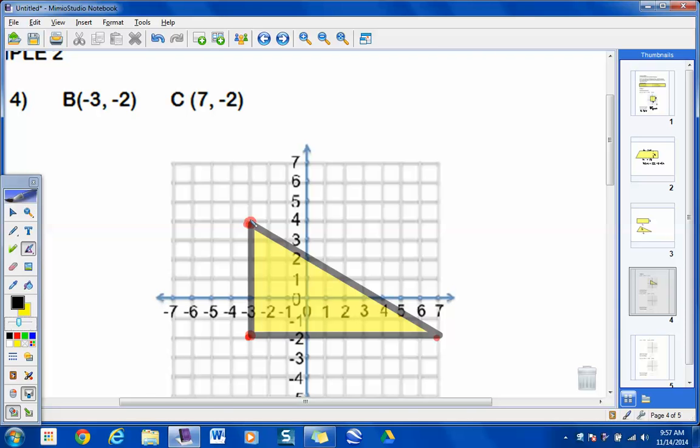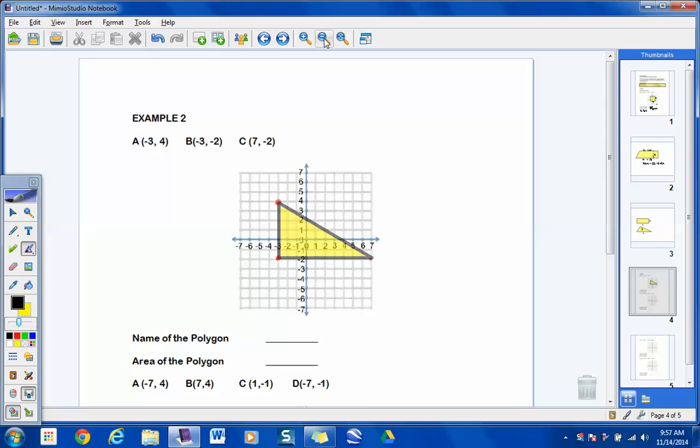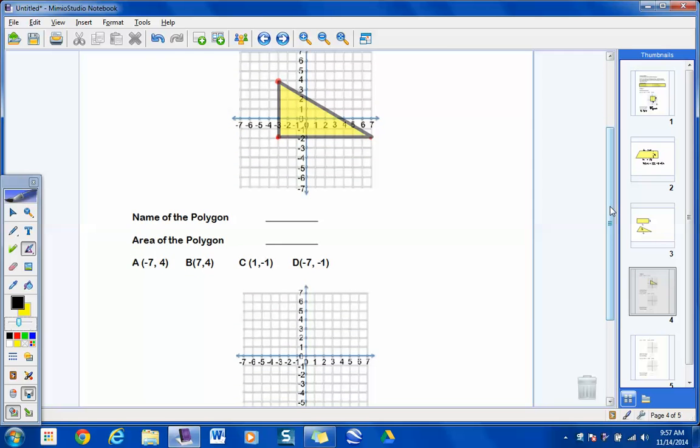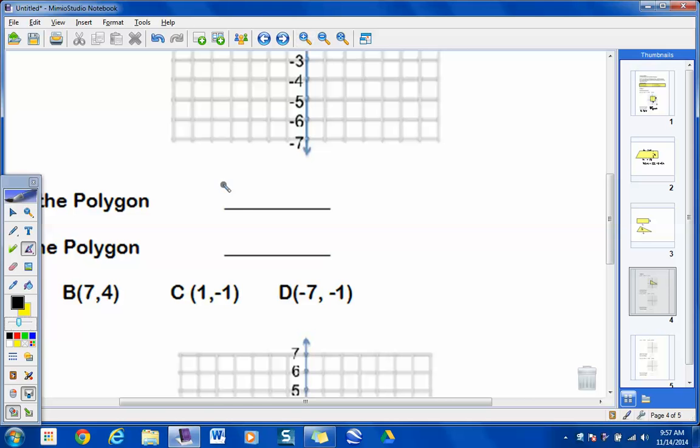All right, does anybody need more time forming the figure? Obviously, what kind of a shape or polygon do we get here, gang? Triangle. Get a triangle, so what am I going to put down here for name of the shape? I'm going to put triangle right here.